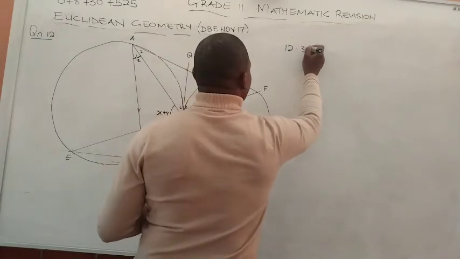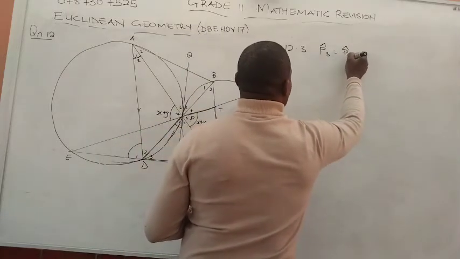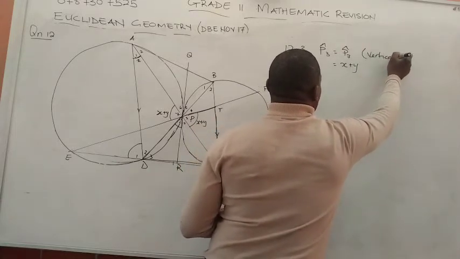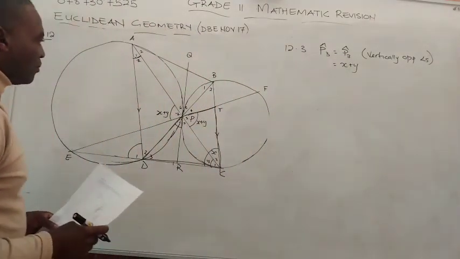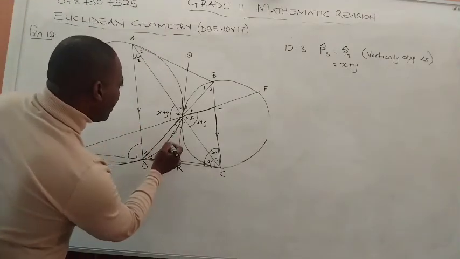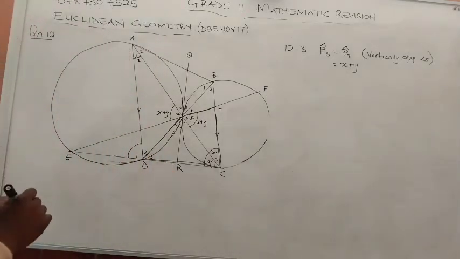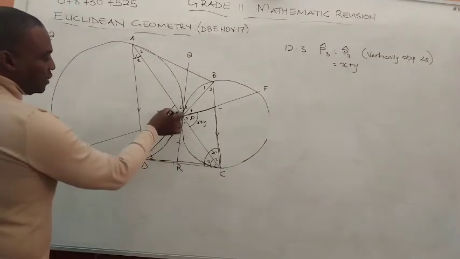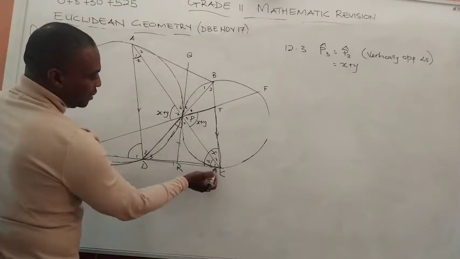That's 12.3. Angle P3 is equal to P7, that is x plus y, vertically opposite angles. And then from there, we also know that we have a tangent RP and a tangent RC.